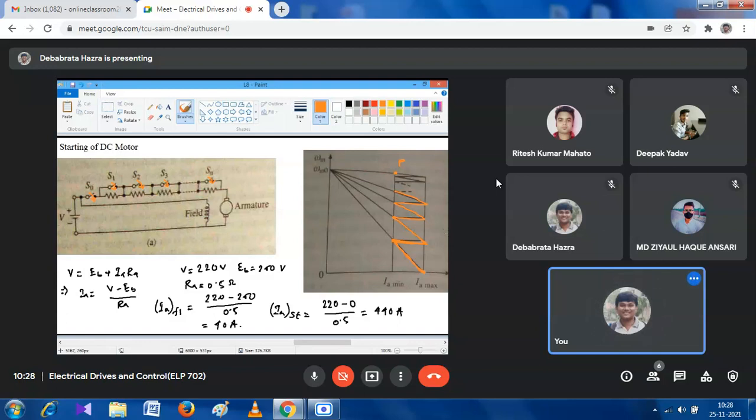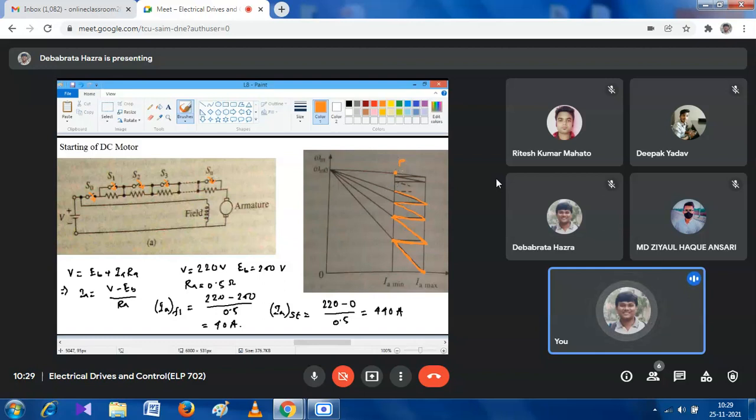After that, the value of back EMF also gradually increases again. So the armature current again gradually decreases to I min, and at that point we close the switch S2. So the armature current gets its Ia max value instantly, and after repeating this process, if we close all the switches, then the final point is P.